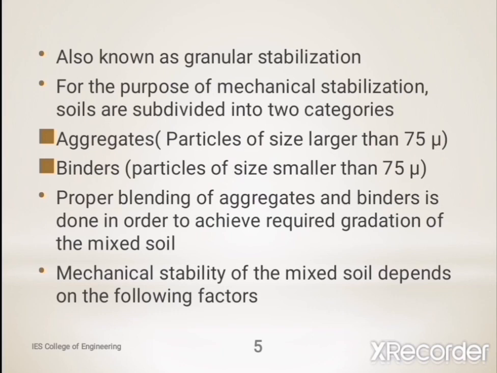Proper blending of aggregates and binders is done in order to achieve the required gradation of the mixed soil.